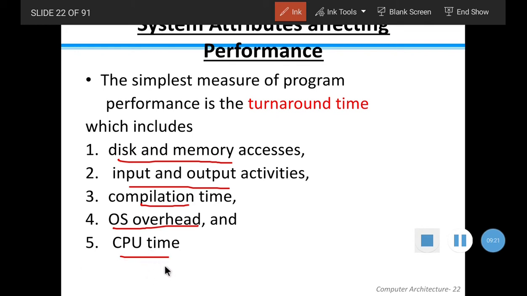Again, we have a separate equation for CPU time, and we will solve some problems based on it. We will measure the performance based on CPU time also. So basically turnaround time includes all these five factors.